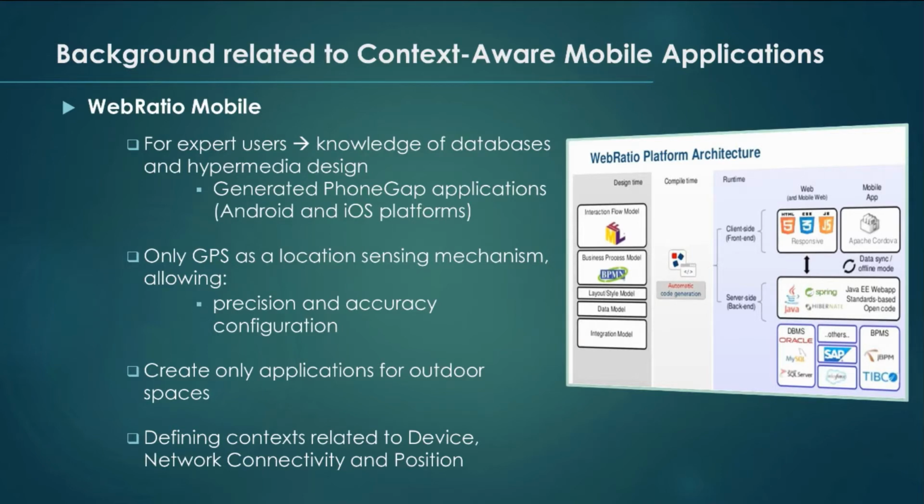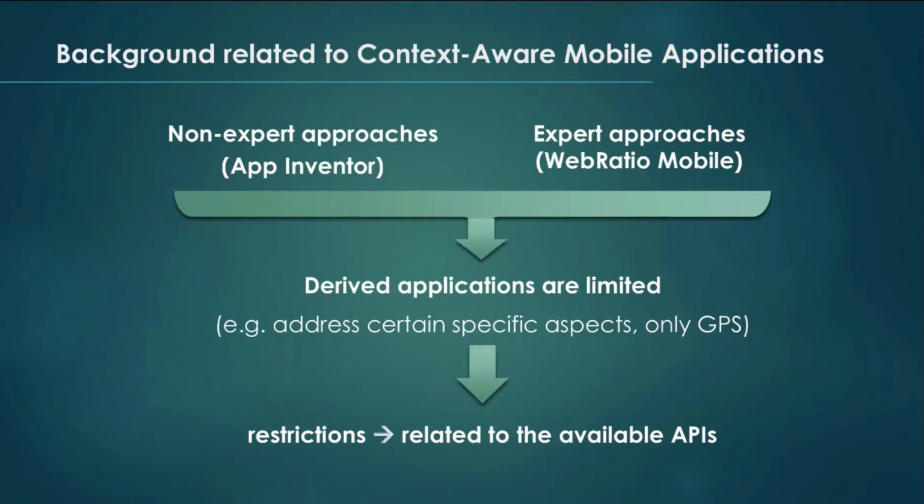It defines context related to device, network, connectivity, and position. So these 2 points of view produce derivative applications that are limited, address certain specific aspects such as GPS, and have restrictions related to available APIs.